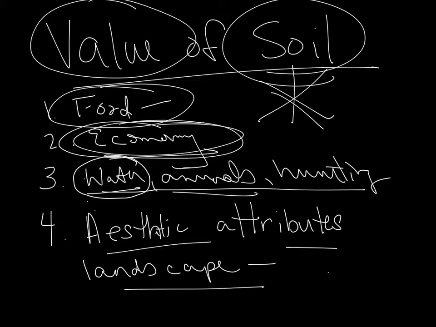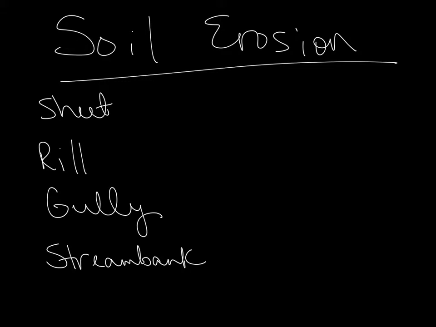And then aesthetic attributes are just how pretty something looks. If you go somewhere and things grow nicely in that soil, and the soil is good enough to grow things, it gives you a nice landscape. So when you answer those essay questions, you'll want to use a lot of words like I just did. All right, back to soil erosion.